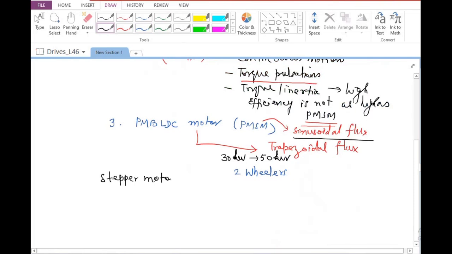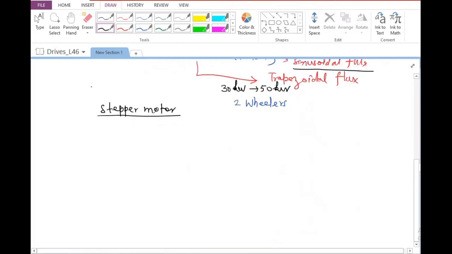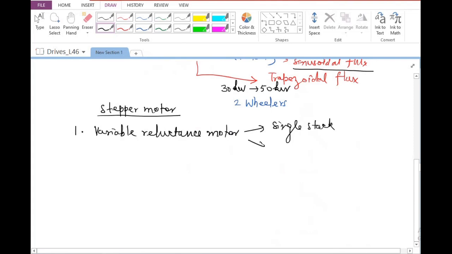The stepper motor basically is going to have mainly three types. One is the variable reluctance stepper motor, and in this itself, it could be a single stack variable reluctance stepper motor or a multi-stack variable reluctance stepper motor.